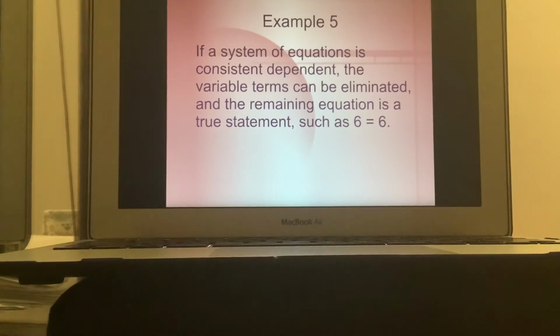y. If a system of equations is consistent and dependent, the variable terms can be eliminated, and the remaining equation is a true statement, such that you have 6 equals 6. That is definitely a true statement.